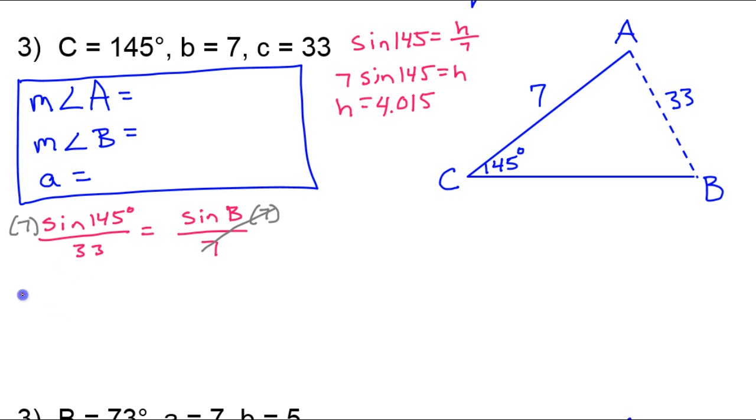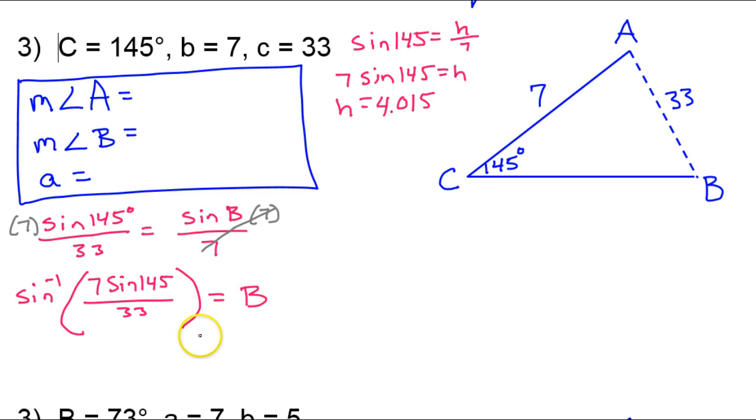So we can say the inverse sine of all of this, 7 sine 145 over 33. The inverse sine of all of that will give us the measure of angle B. So just put all of this in your calculator and that will give us the measure of angle B.